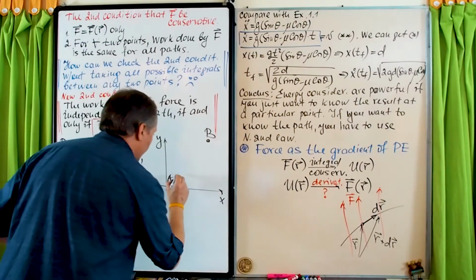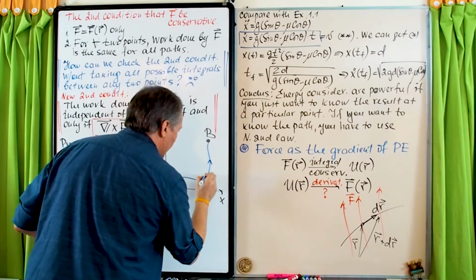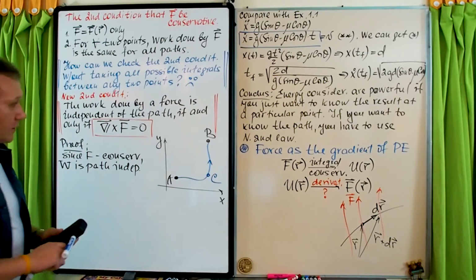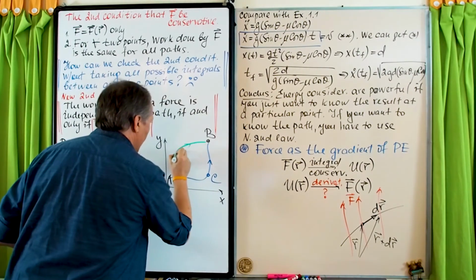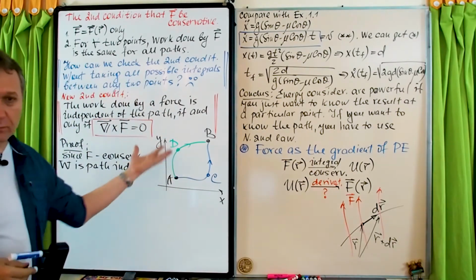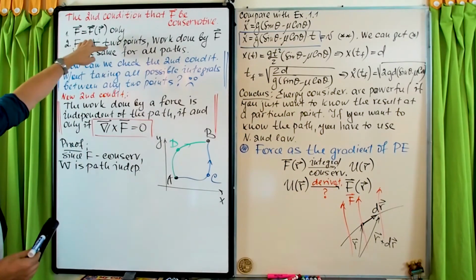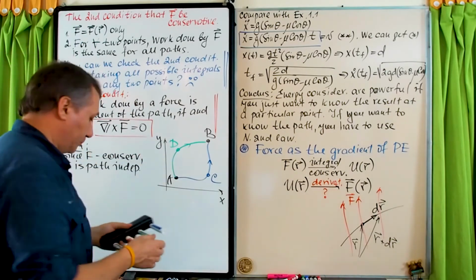We can take, for example, this one, through point C. And now let's take the second path, for example this green one, through point D. Of course, the work done by that force must be exactly the same, because we're assuming this is correct, and out of the second condition we want to get that.